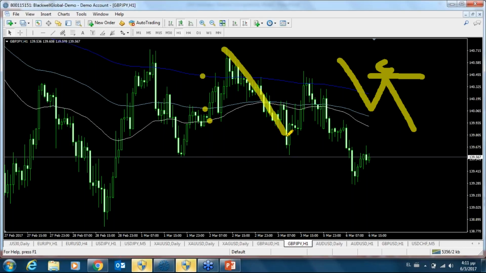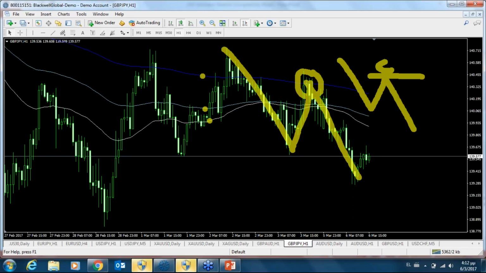Okay, so A to B, B to C, and C found resistance at the 200 moving average. That's a very good one, so I would like to trade that C to D downwards. Okay, if it is just hanging in the middle and not found resistance or support at the C point, then it lowers your probability and increases your risk. Okay, all right, so that's basically it.